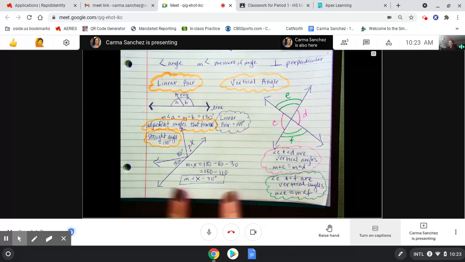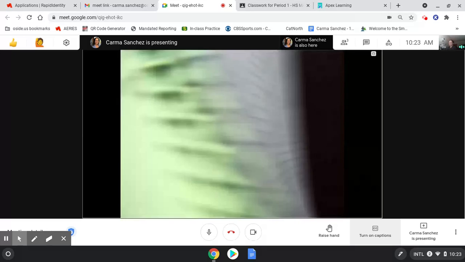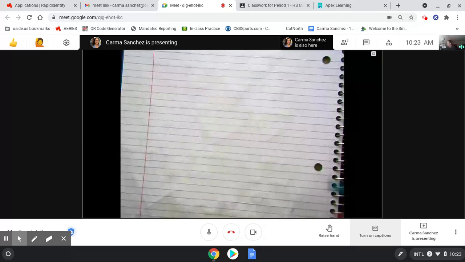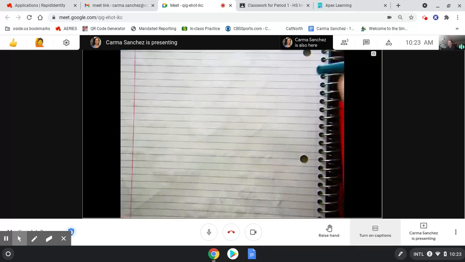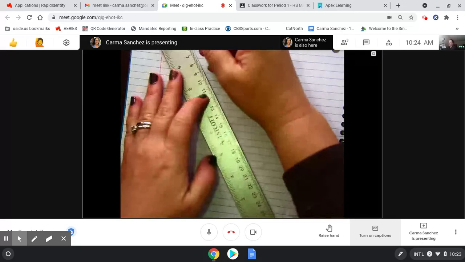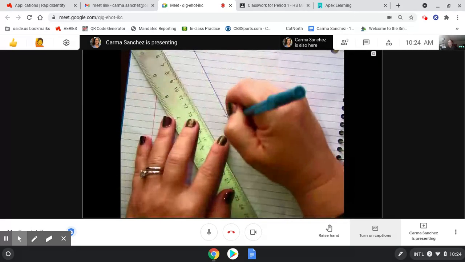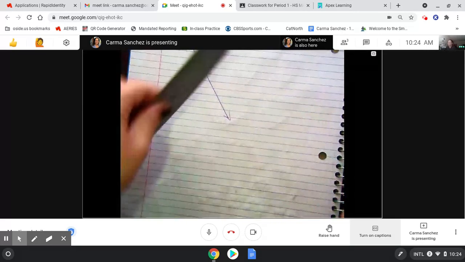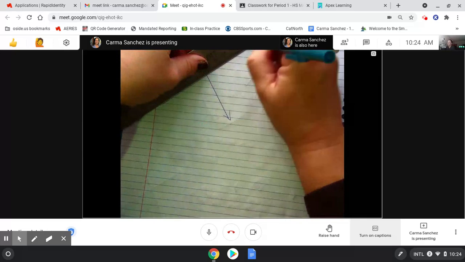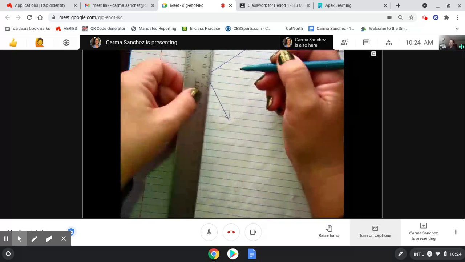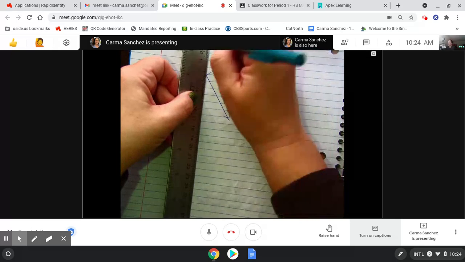Now, what are the kinds of problems that they're going to expect us to do with these? Let's go take a peek. All right, grab your rulers and let's draw three lines. And these three lines are not perpendicular.